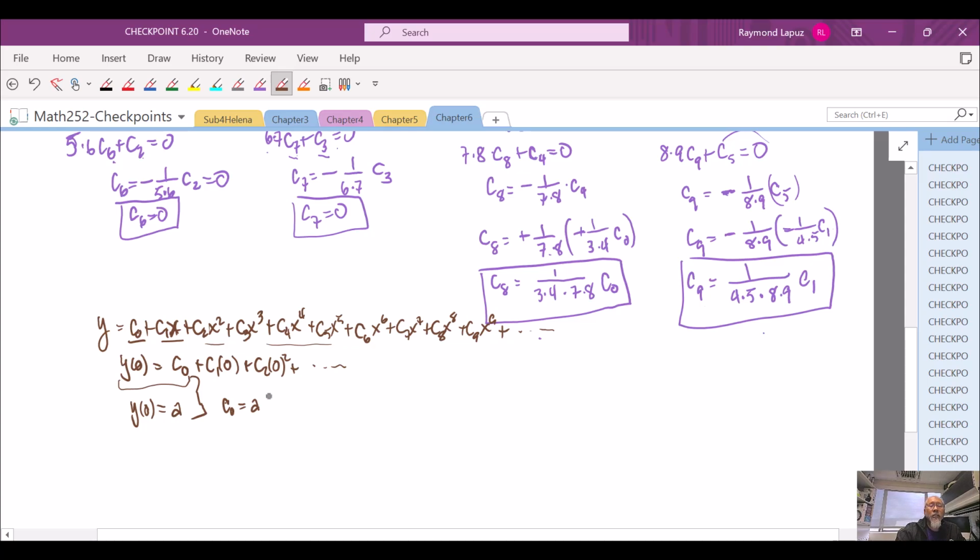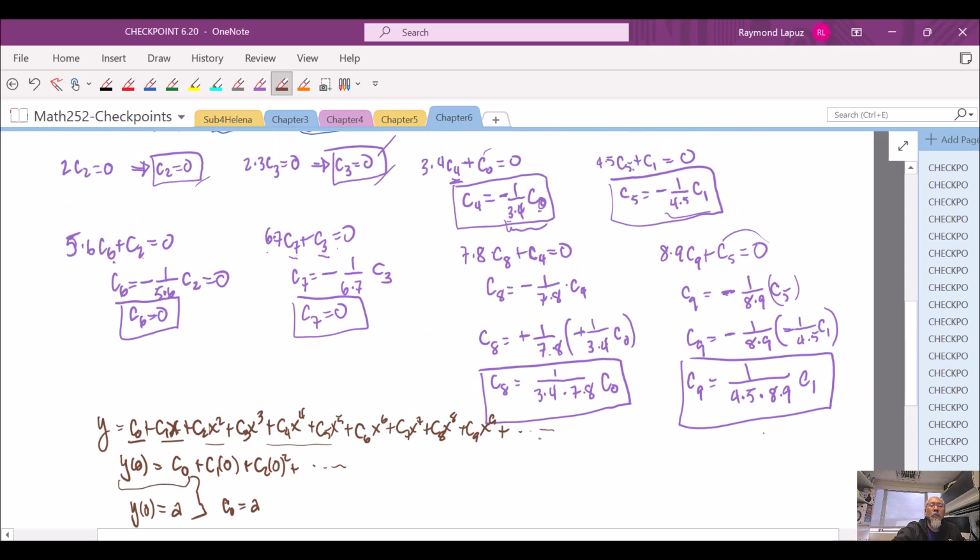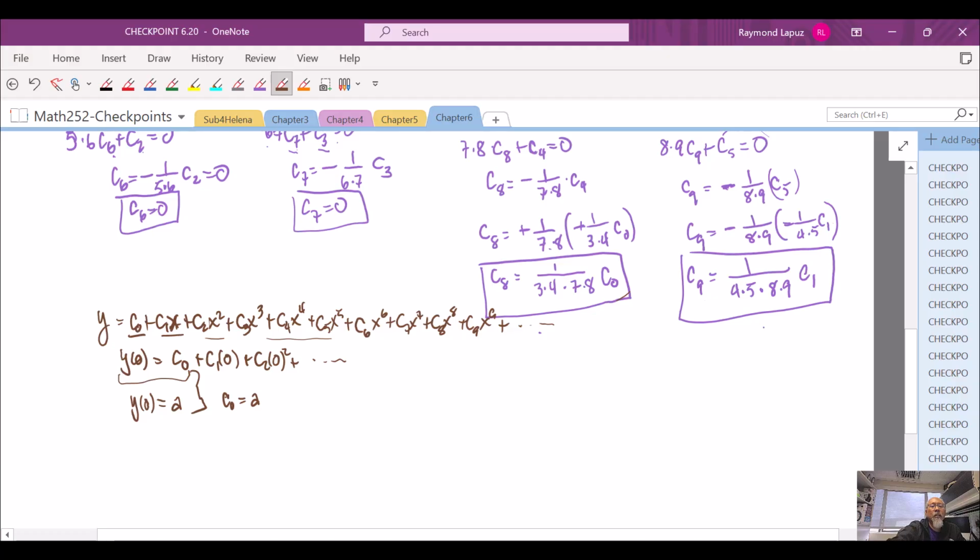And that's good because we have a bunch of terms that have c sub 0 in it. At least we're only seeing a couple of terms here. On the other hand, if we put the derivative, if you remember from up there, the work that we did is going to be c sub 1 is the only constant.